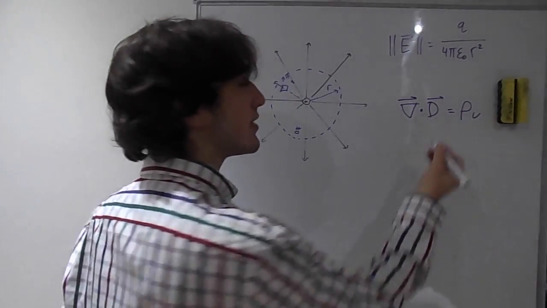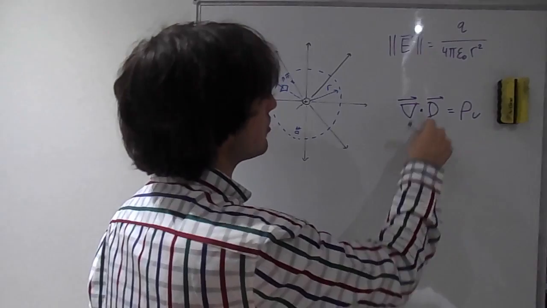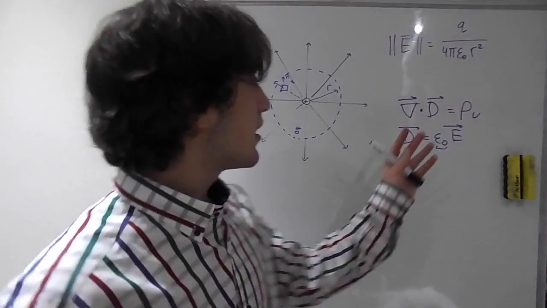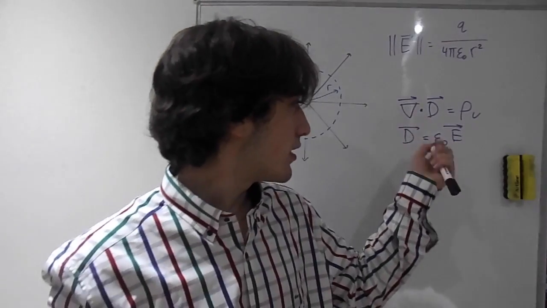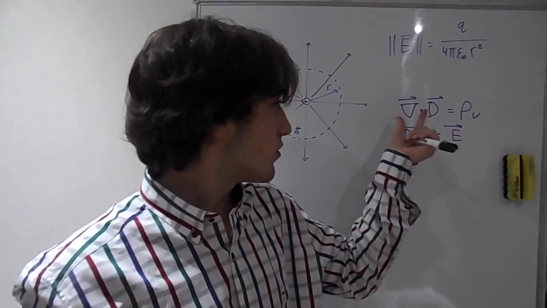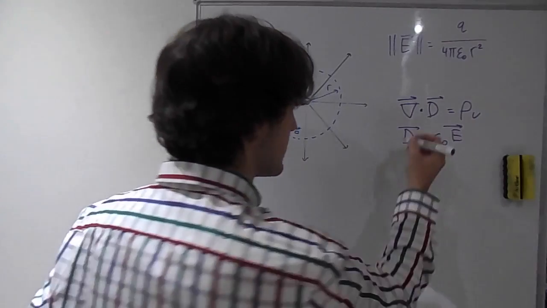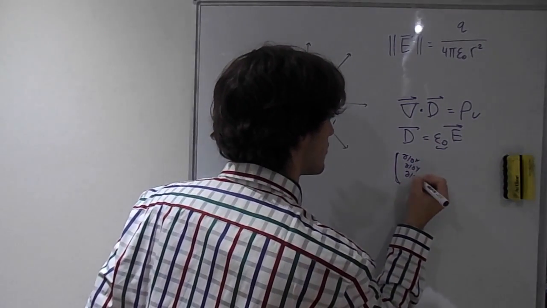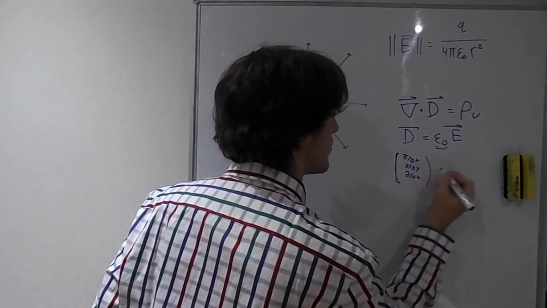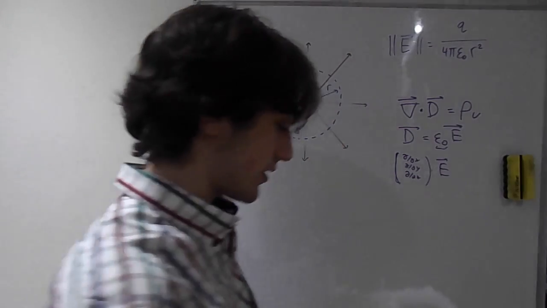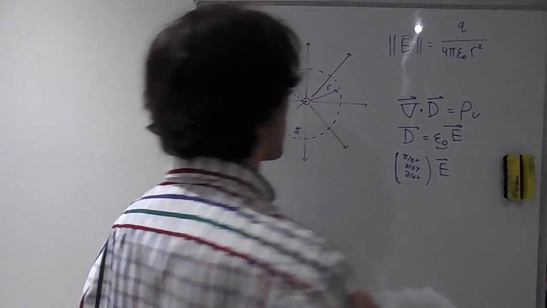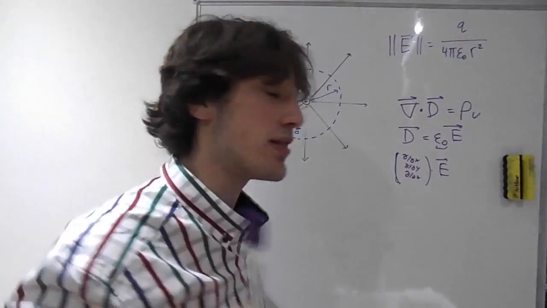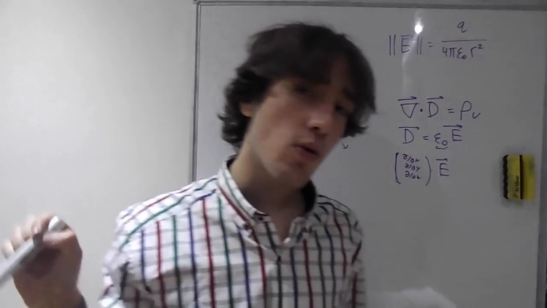Now first of all, what is the D field? The D field is really the E field times epsilon naught. If you were to compute using the traditional divergence, this being the vector of the partial derivatives dotted with the electric field, if you were to pick any point in space, almost any point in space, you'll actually get 0, which is quite surprising.